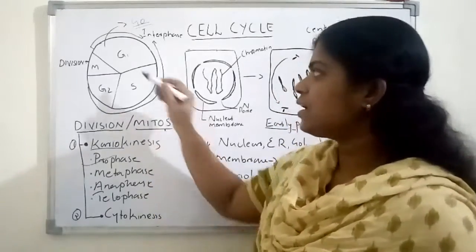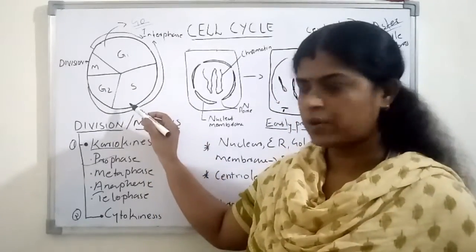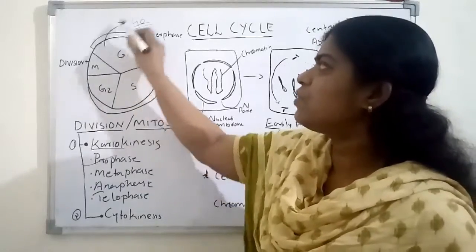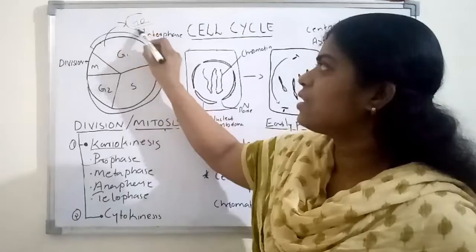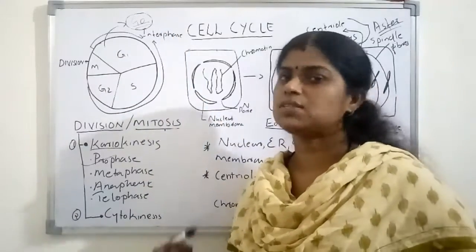One option is that it enters into the S phase. Otherwise, the cell can withdraw from the cell cycle to a resting phase, which we call the G0 phase.